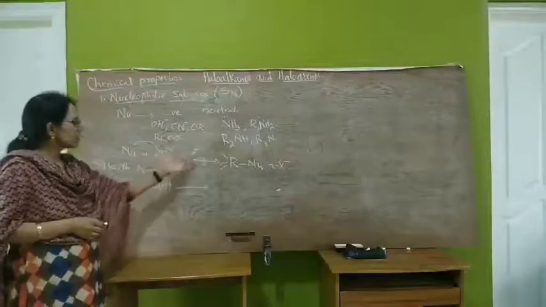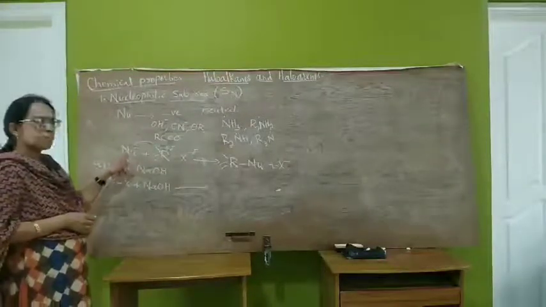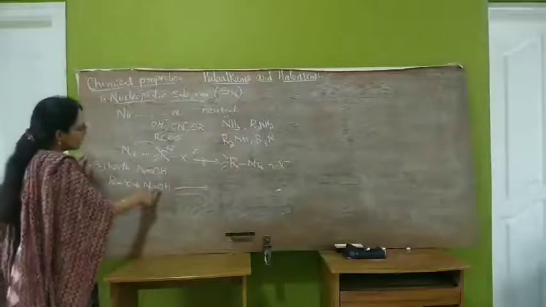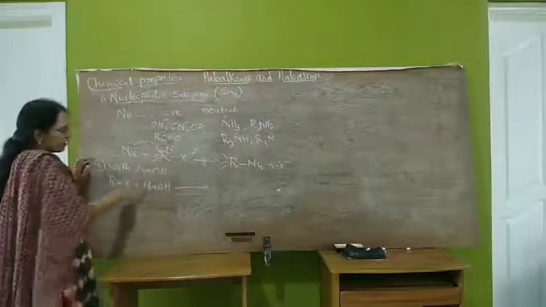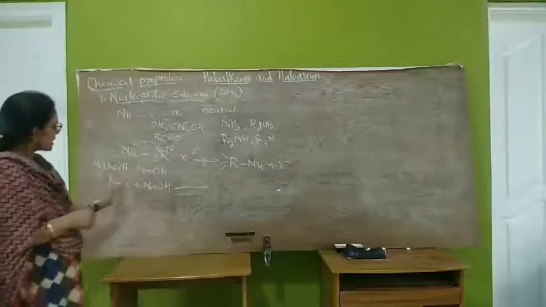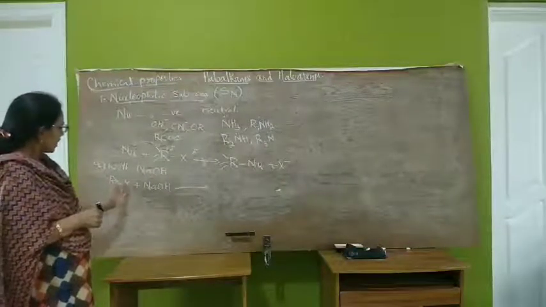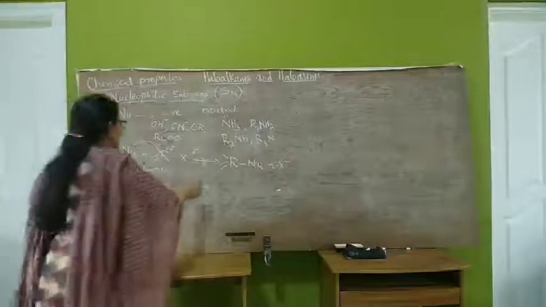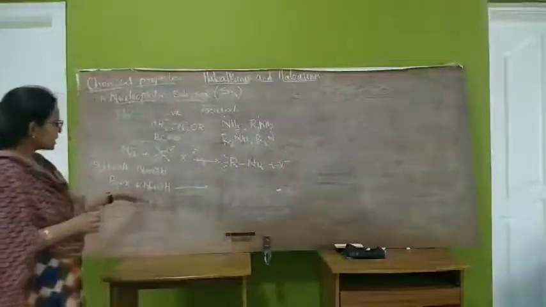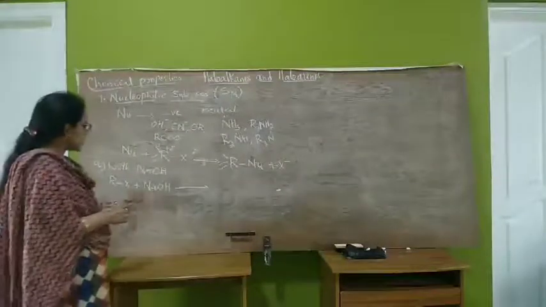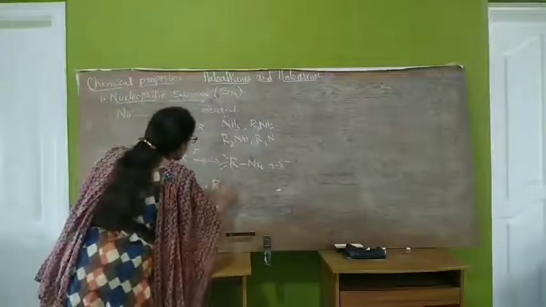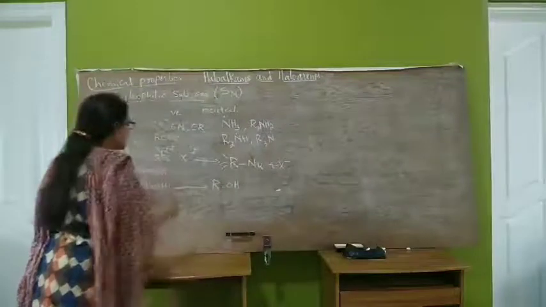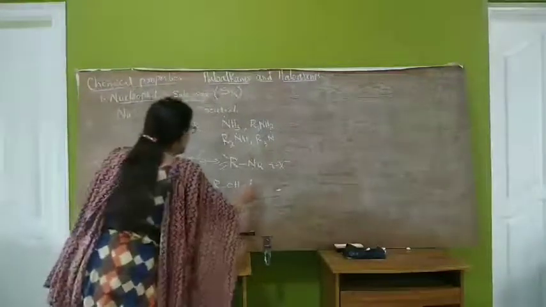Here OH minus is more basic than halogen, therefore it attacks the alkyl group easily. When alkyl halides are heated with NaOH, alcohols are formed, ROH plus NaX.